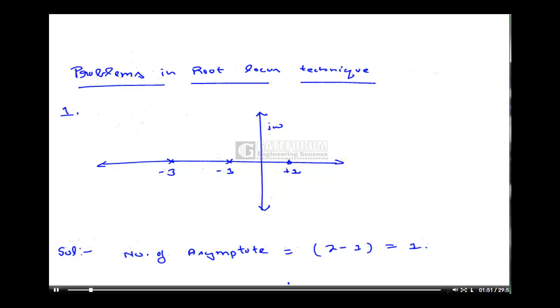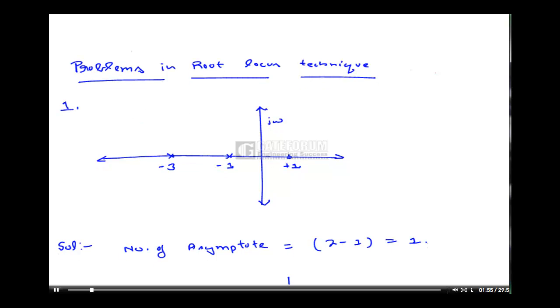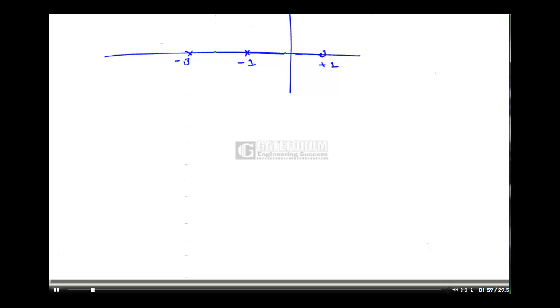If you look in this region, then any point in this region, the number of poles plus zeros on the right hand side of this region are odd. That means root locus will lie in this region.